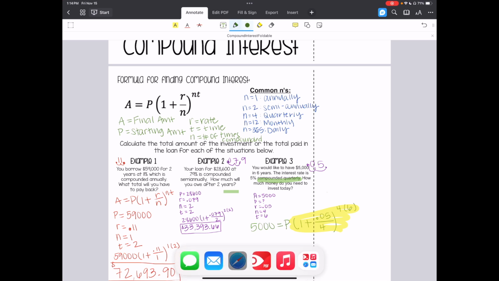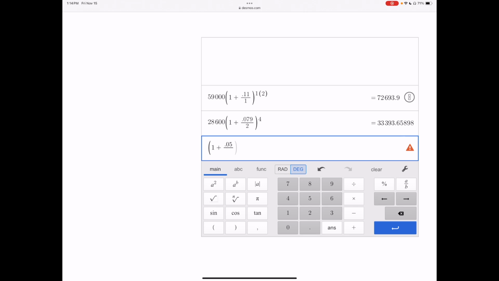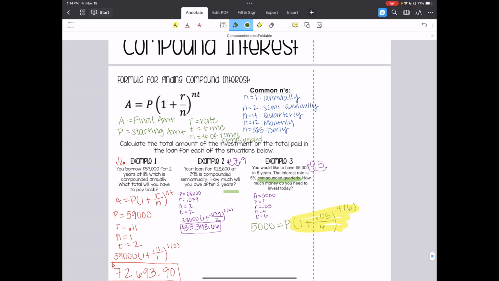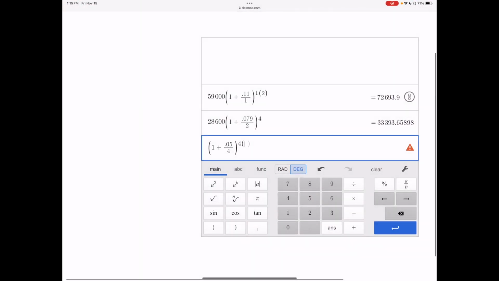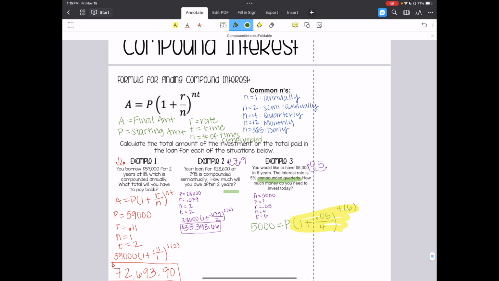So we're going to do 1 plus 0.05 over 4 raised to the 4 times 6. So then we're going to take this decimal, 1.3474, and replace everything in those parentheses besides P.